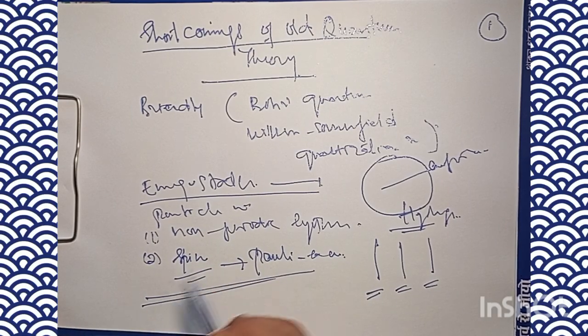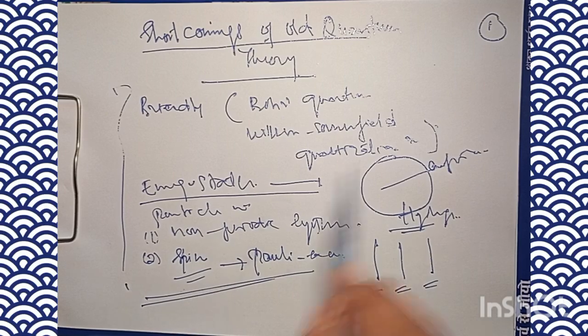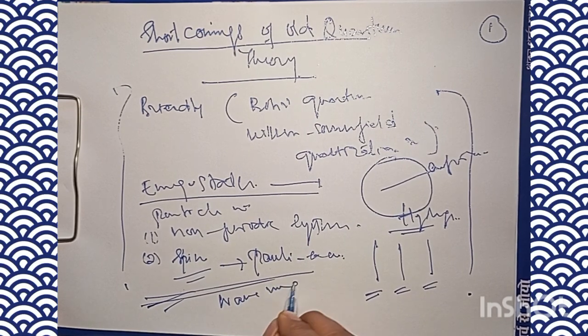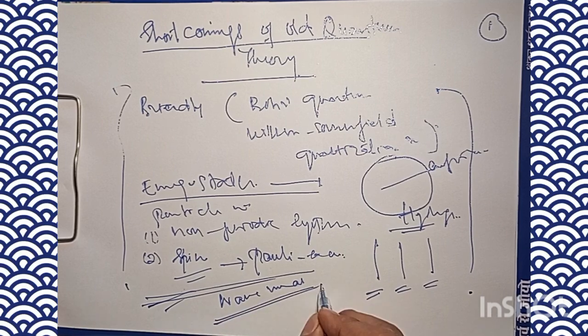All the difficulties that I talked about here have been resolved by the development of new methods of approach, what is called wave mechanics, and the mathematical formulation of the same theory in terms of matrix mechanics.